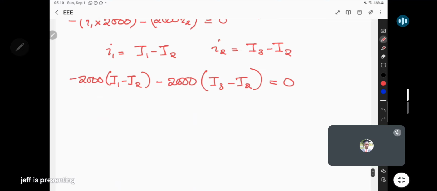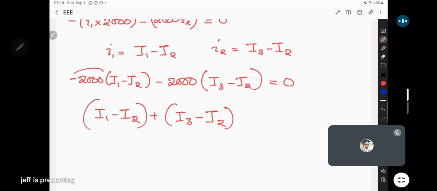We see that the negative 2000 can divide out, so that we now have mesh current 1 minus mesh current 2 plus I3 minus I2, when you divide negative 2000 throughout.